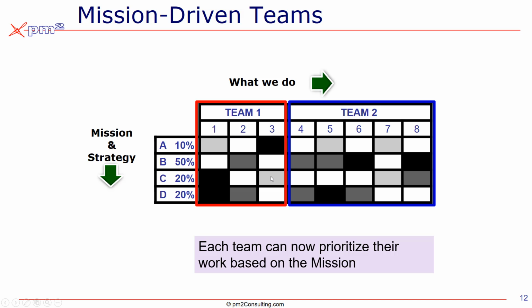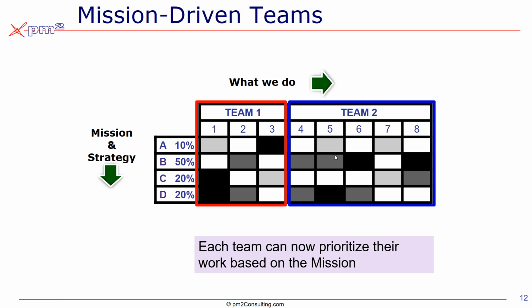So now what we've done is we've taken the strategy and accurately cascaded it down to the priorities for each individual team. Now the beauty of this is if the agenda changes partway through the year, and let's say this 50% gets throttled down to 10, and this objective gets bumped up to, say, 60, all of a sudden different nodes are going to turn black, and other ones are going to turn from black back to dark gray, light gray, or even white.